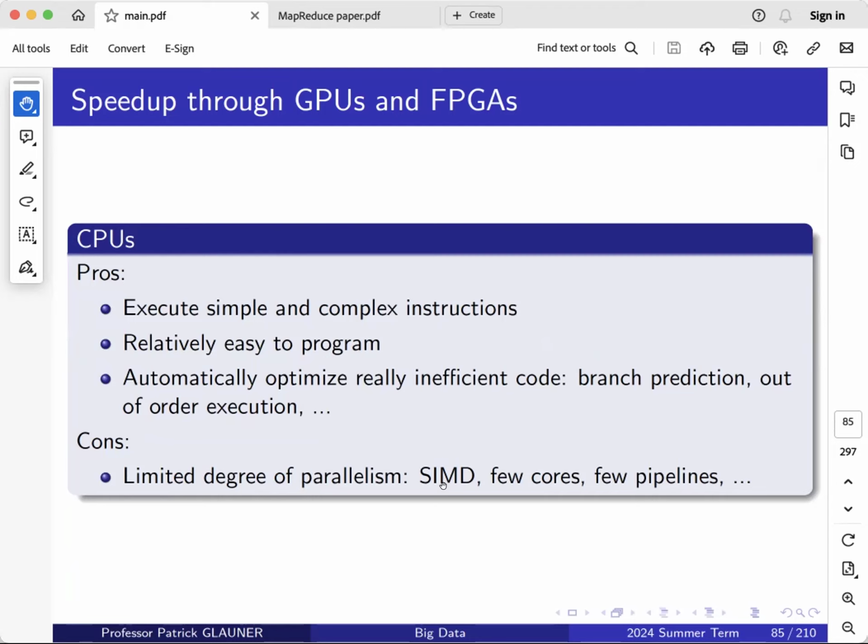So you can also get parallelization from here. But if you want to use SIMD, you maybe have to write some more low-level code to take advantage of this. If you have a good compiler, maybe the compiler can do this for you and also help you with pipelines and a few cores. But overall, there's a very limited degree of parallelism in CPUs.